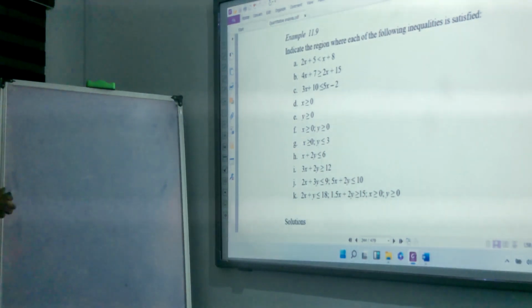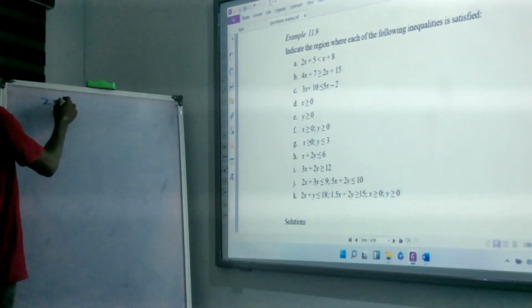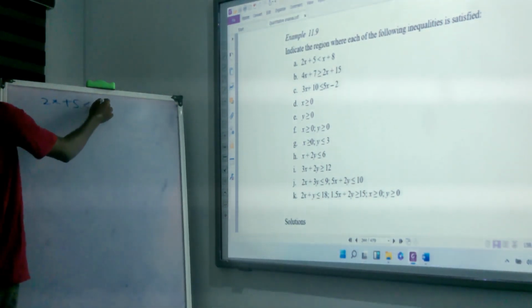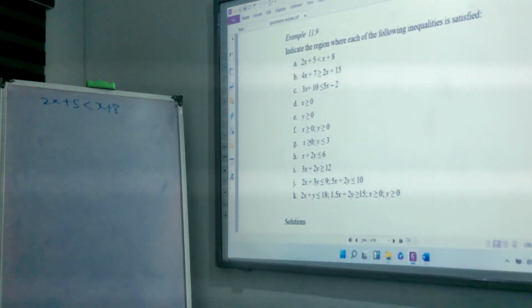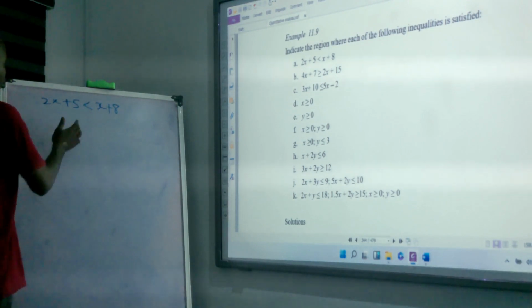For the first one, we have 2x plus x less than x plus 8. So we have to indicate the regions. First, we need to solve for x. So let's move x to the right side.